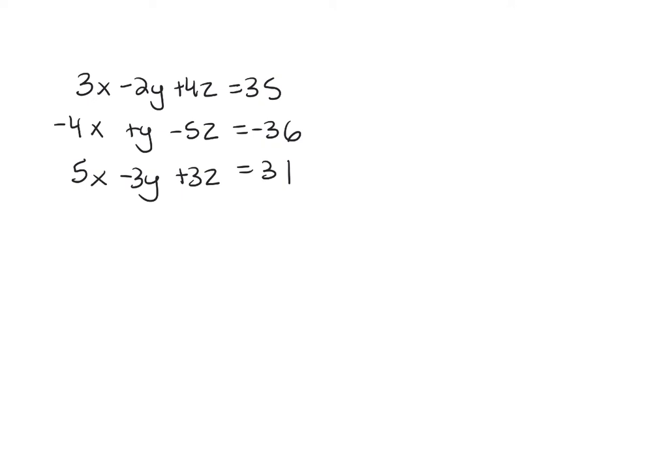Okay, so what we need to do: three equations, they each have three variables, and they're all set up to solve by elimination. I'm going to look at two equations at a time, so I'm going to rewrite the top two over here. 3x minus 2y plus 4z equals 35.